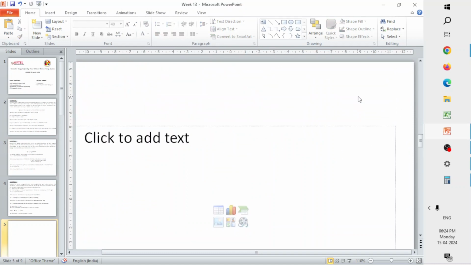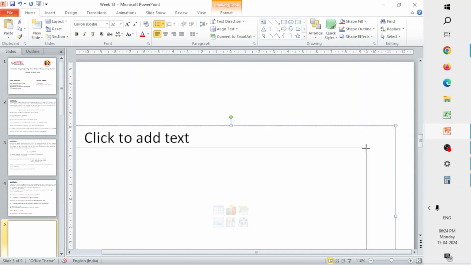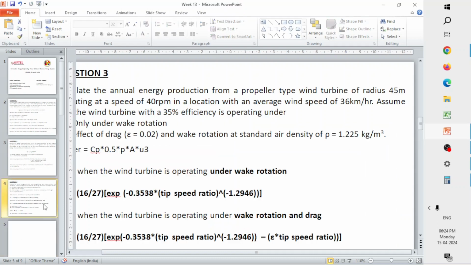So now we have the tip speed ratio. It is just about substituting in that correlation.